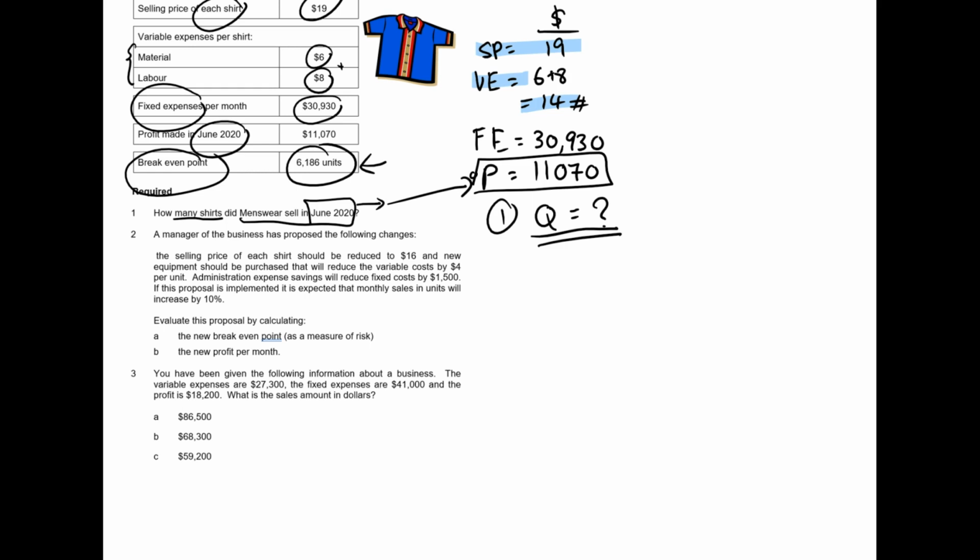If you still remember your profit formula, profit equals revenue minus variable expenses minus fixed expenses.